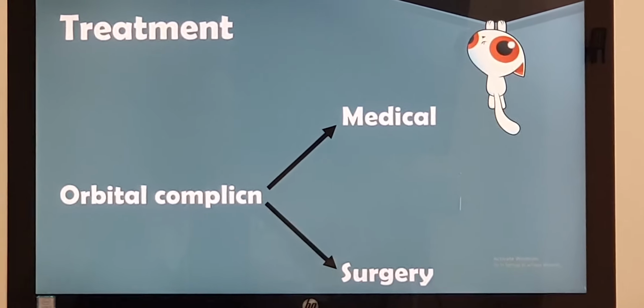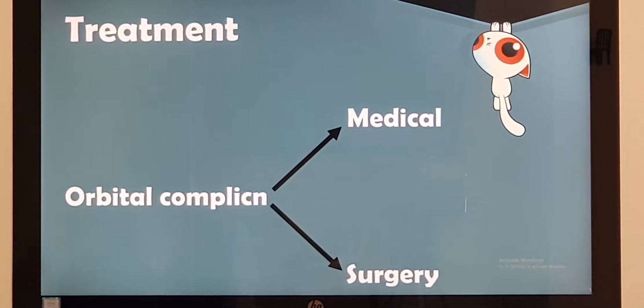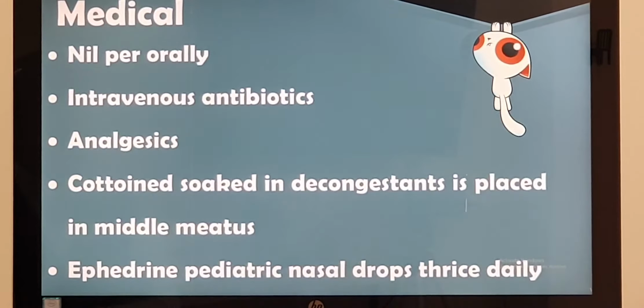Now the medical management. It starts with admission, and we will start with a broad spectrum IV antibiotic. As soon as the nasal swab culture report has come, which says that one particular antibiotic has to be given, we'll add or start with that antibiotic or replace with that antibiotic. And of course, we'll give painkillers too. We'll do a nasal endoscopy.